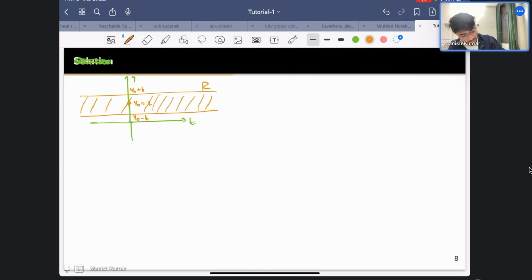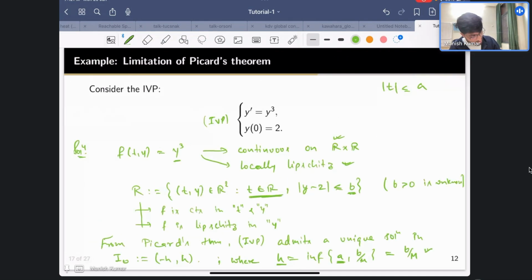Now let us try to see what will be the maximum value of f. So f of t, y is given by y cube. Okay, now m is equal to the supremum. You want to maximize this quantity, that is your goal.